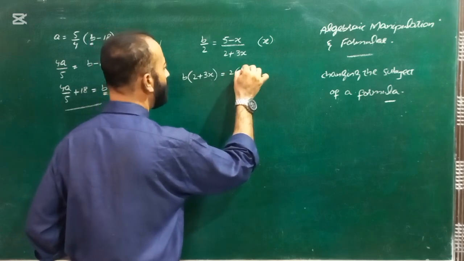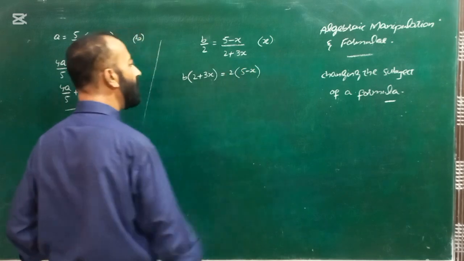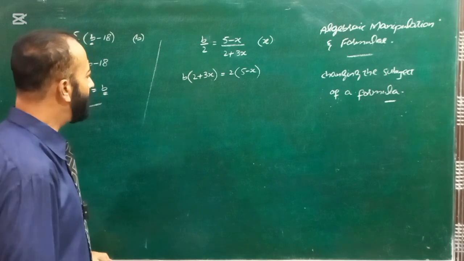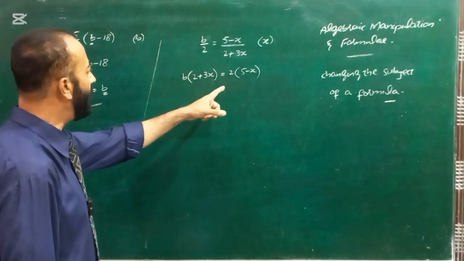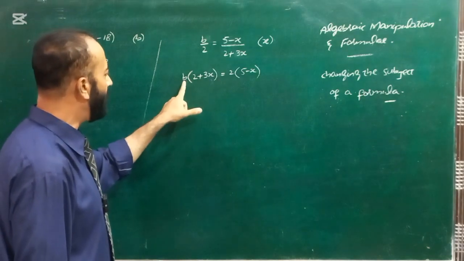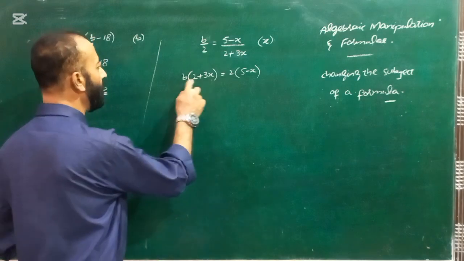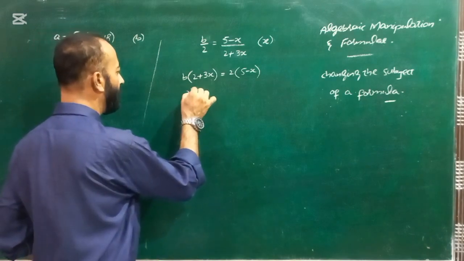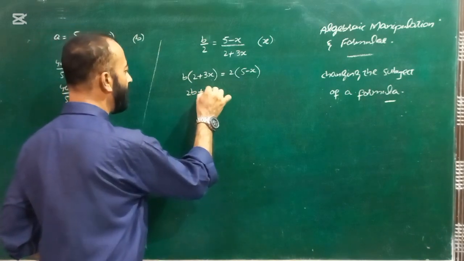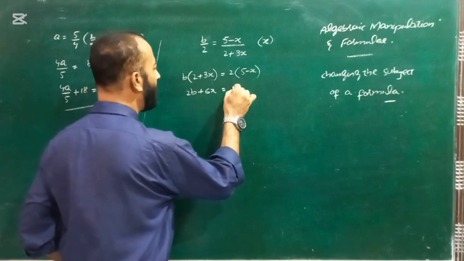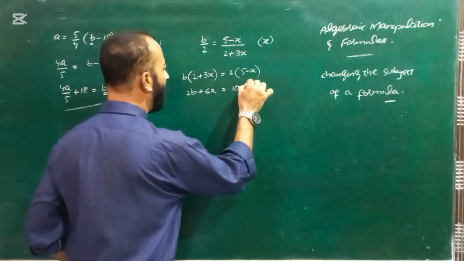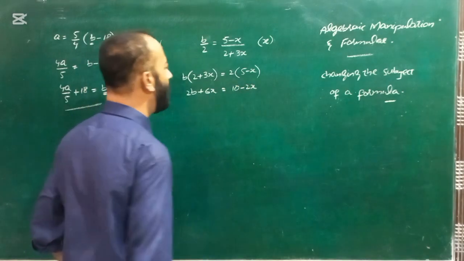So 2 into 5 minus x. So at this step you can see the next step can be to multiply the values inside the bracket. So it will become 2b plus 6x, and on the right hand side 10 minus 2x.